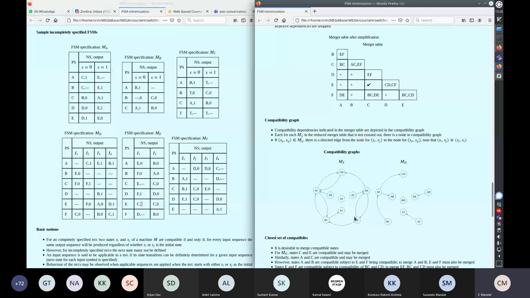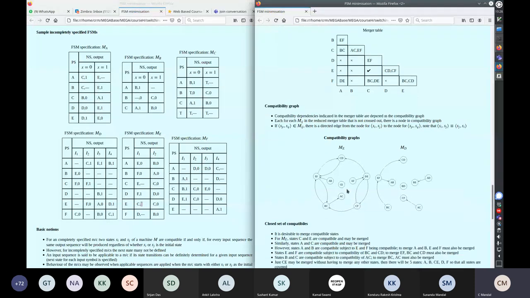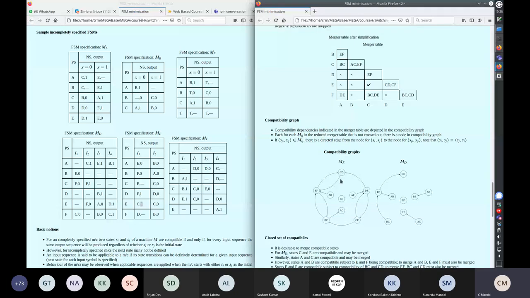So can you construct the graph for this machine ME from its Marchett table? C and E is a standalone node because it doesn't have any other dependence. Now A and B depends on E and F, so you show that A and B depends on E and F. And E and F in turn depends on C and D.